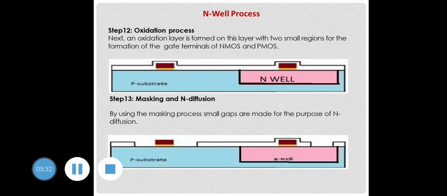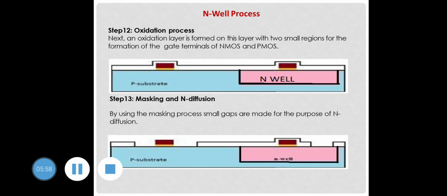The next, step number 12, is the oxidation process. Once the gate is formed, again an oxidation layer is formed on that, and then again using the masking process and exposing it to the UV rays, this type of formation is done.